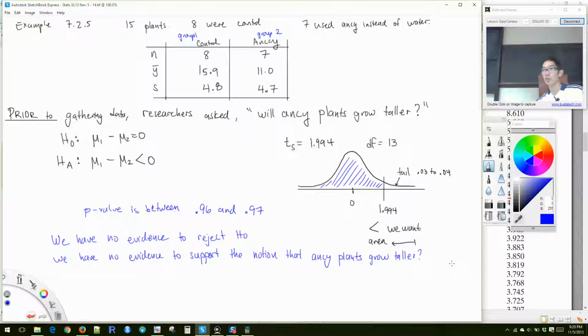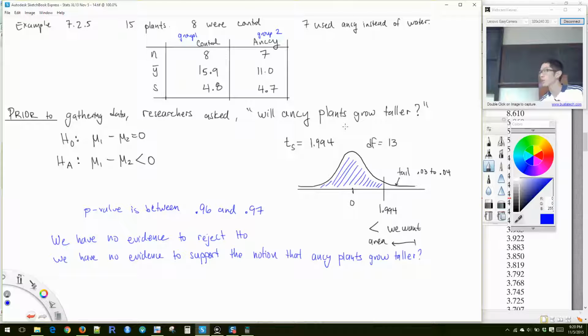So if the null hypothesis were true, what is the probability that we would see ANSI plants growing taller than 11? If the null hypothesis were true, that there's no difference, we would see quite a high probability that the ANSI plants would grow taller. So we would have no evidence to support this notion that ANSI plants grow taller.